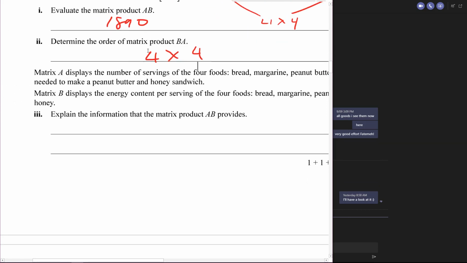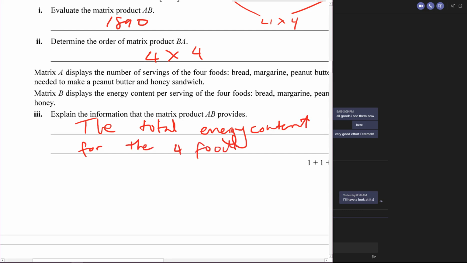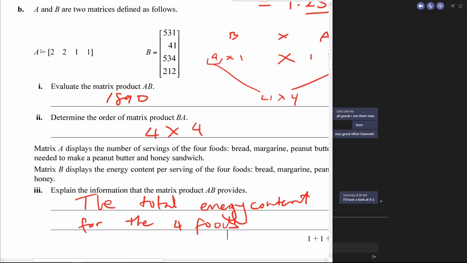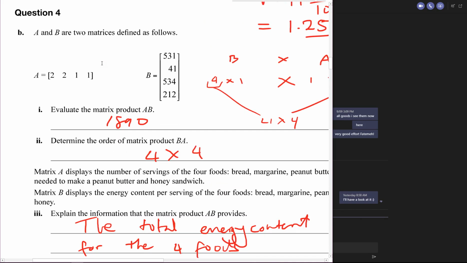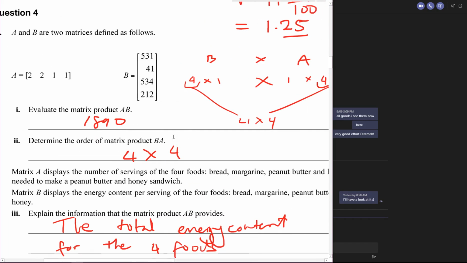Well, basically it gives you the total energy content for the 4 foods. So when you multiply the servings of the 4 foods times the energy content, it gives you the total energy content for all of those 4 foods.